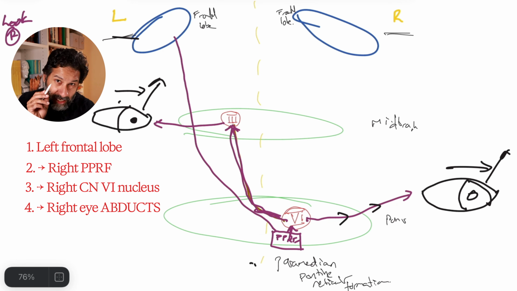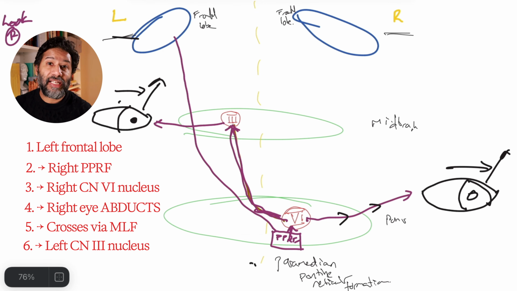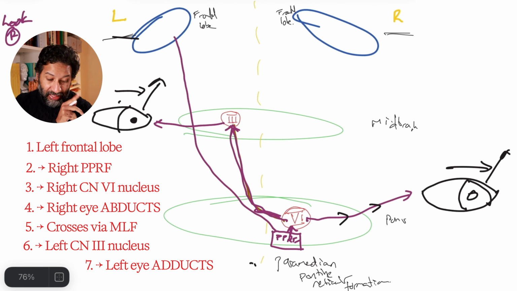At the exact same time, and incredibly quickly, the sixth nerve sends the same signal and the same innervation through the medial longitudinal fasciculus, which decussates to the opposite side, runs up the midline of the brainstem. Remember, it's one of the M structures, to the third nerve nucleus. And at the third nerve nucleus, that activates the third nerve that sends fibers to the medial rectus. The medial rectus in the left eye now adducts, and in combination, the two have now looked right.